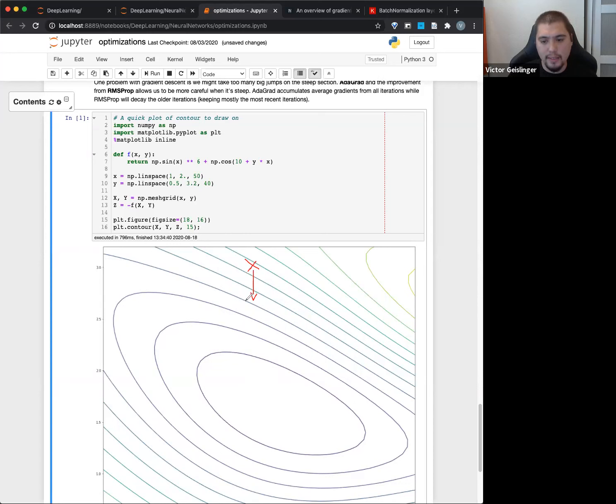Let's say I'm using stochastic, so I'm not going the most optimal way, and I go this direction. My steps are going to get smaller as the gradients get much smaller, and it's going to take a long time. Maybe this took 2 steps and then the rest takes 50 steps, like 50 epochs.